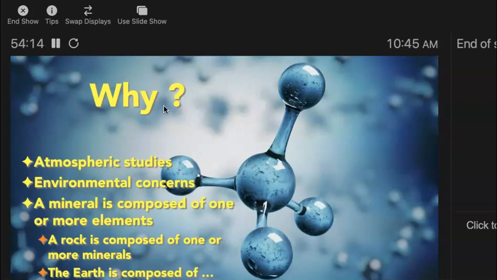And you're going to see that some minerals are composed of just a single element, not a whole lot, and others are composed of multiple elements. You folks in earth science will do this as well to some degree, but not until later in the semester. Anyhow, going back to minerals being formed of elements, guess what? Rocks are made of minerals. And the earth is made of rocks and minerals and elements.